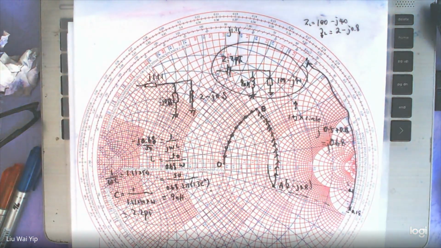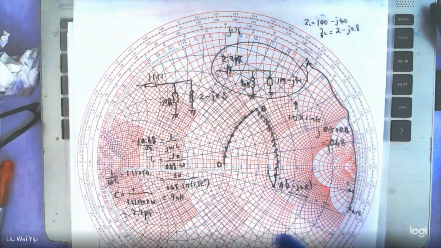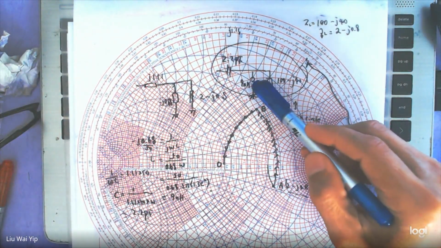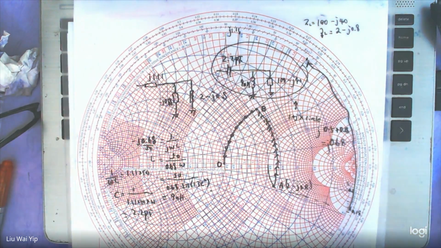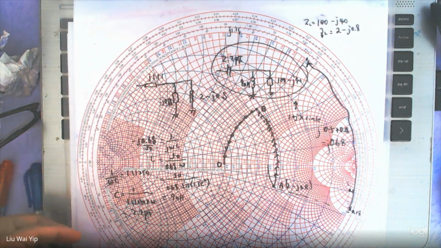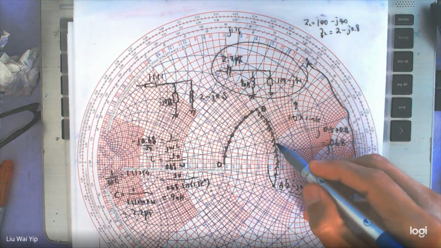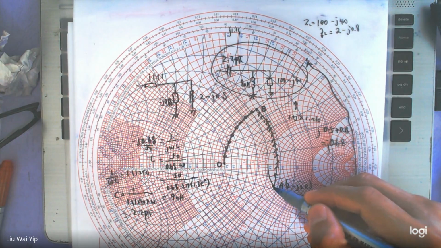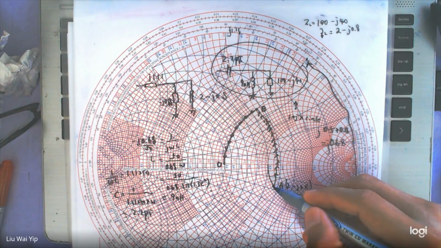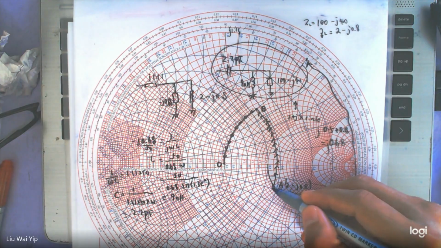But as I told you, there is more than one solution because you can replace this inductor with a capacitor, and you can also replace this capacitor with an inductor. The method that you need is to drag in the opposite direction. So say you are starting from point A, so you drag along the constant reactance circle in the opposite direction.